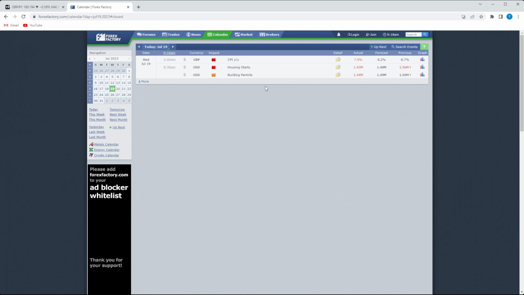Okay, ready? Remember, when it's USD here, this is bullish for the S&P. Both these are bullish for the S&P. So you're probably thinking, oh, this is probably bullish for GBP USD. No, it is not. GBP is the pound. It's the pound against the dollar and the pound against the yen.